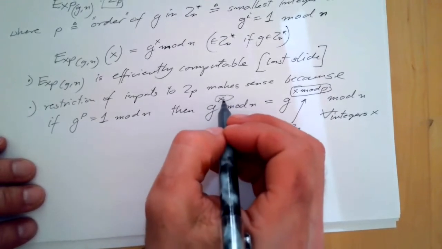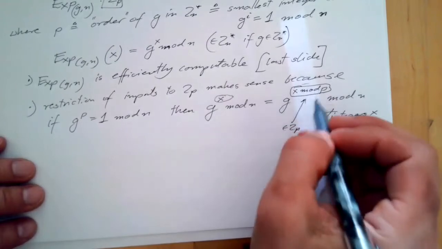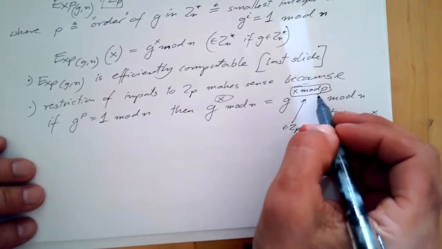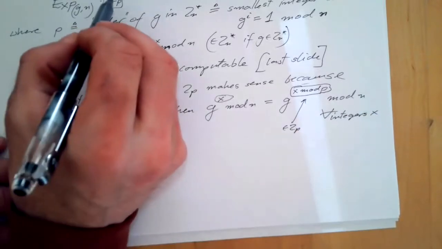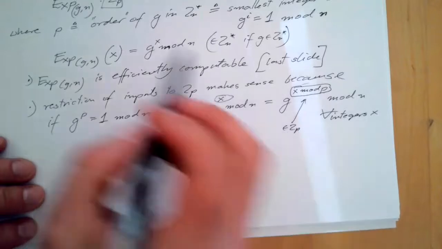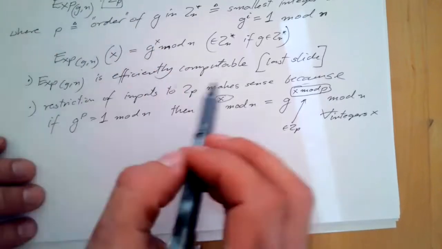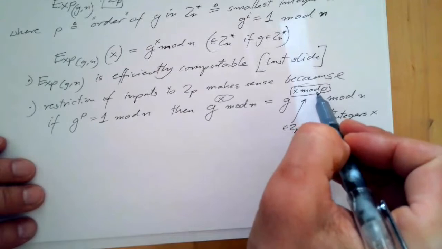I first look at the arbitrary integer and reduce it mod p, and I only perform exponentiation on the result of this modular reduction. That's why exponentiation is not interesting to look at in other spaces: you take the integer from some other space and reduce it to this space.